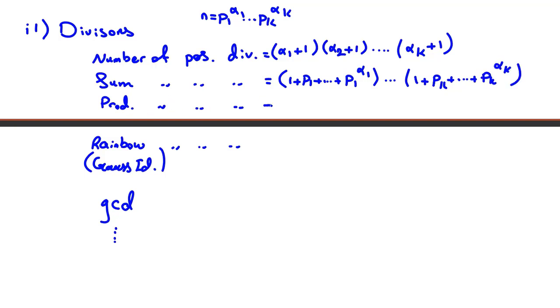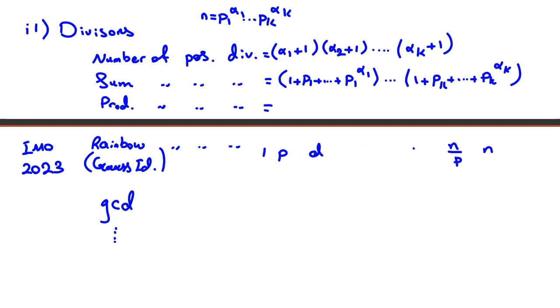And for the product of positive divisors, you can use the rainbow Gauss idea, also in the IMO 2023 problem. It is when you write 1, the next divisor is n. For example, when you write p, the next one is n over p.